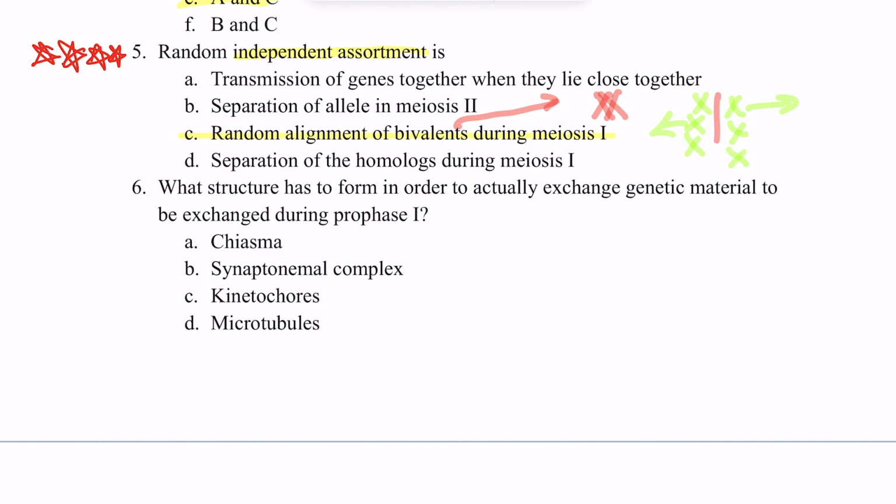Question 6. What structure has to form in order to actually exchange genetic material during prophase 1? Sorry, kind of a poorly worded question. So this is talking about the structure that has to form in order to actually exchange genetic material.